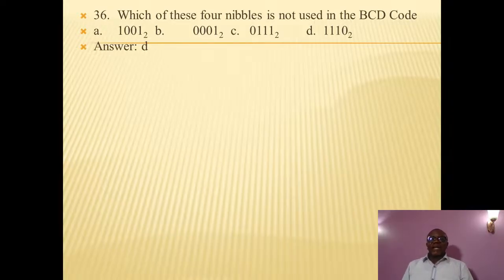The reason is that the system will not know when it is just a code or when it is representing a number, so it doesn't use it.